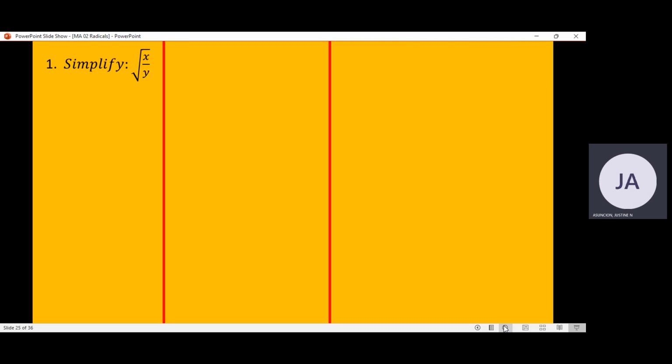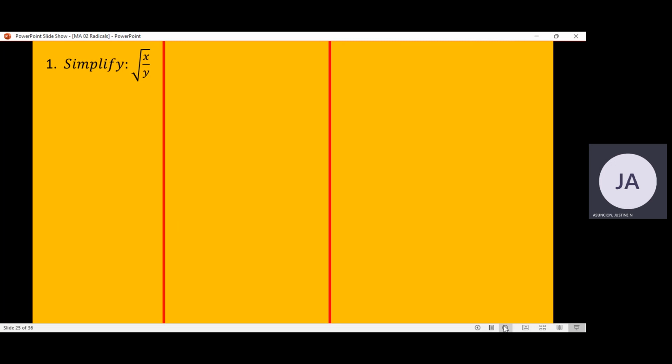So let's think of a certain expression that we need to multiply to both the numerator and the denominator so that our denominator can be a perfect root and free from radicals. Here in this case, since we have the square root, we should have y squared in the denominator.